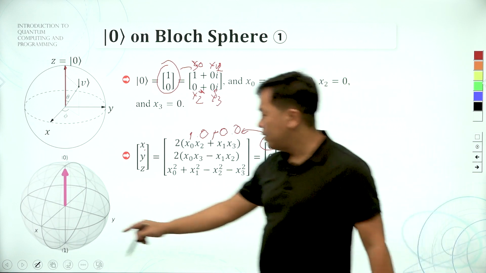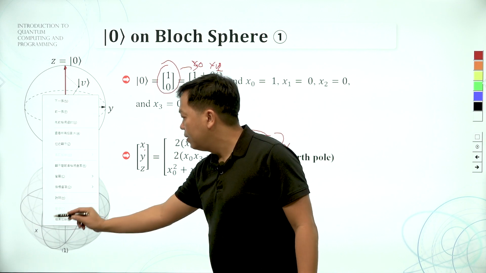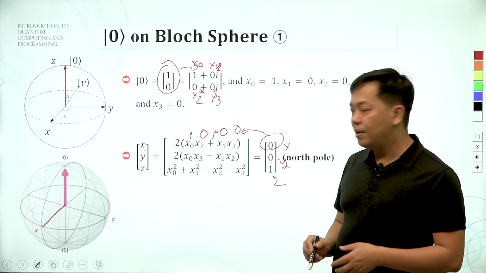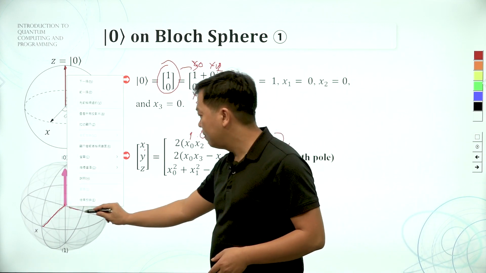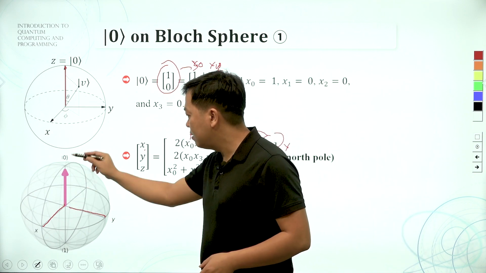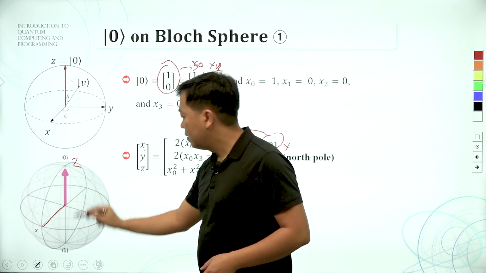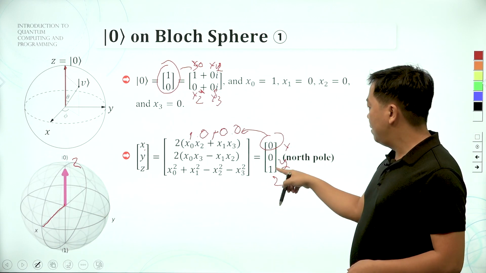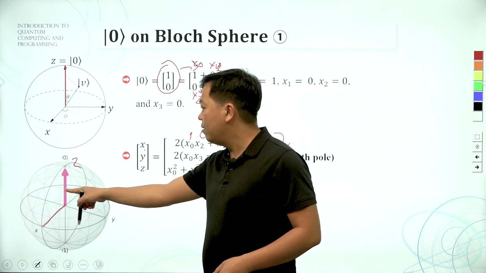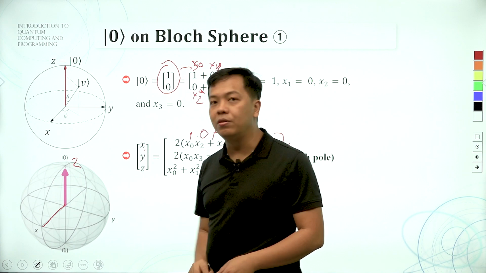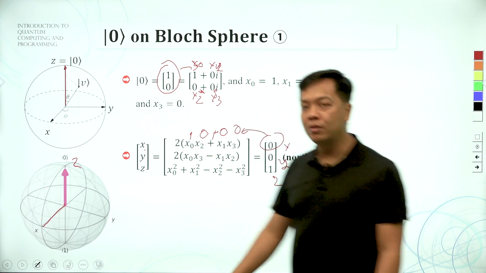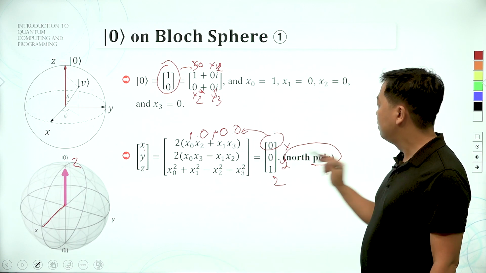If we define this as the x axis, this as the y axis, and this as the z axis, then here z is 1, and the other values x and y are 0. If you see, the arrow goes to the north pole. This is the north pole.